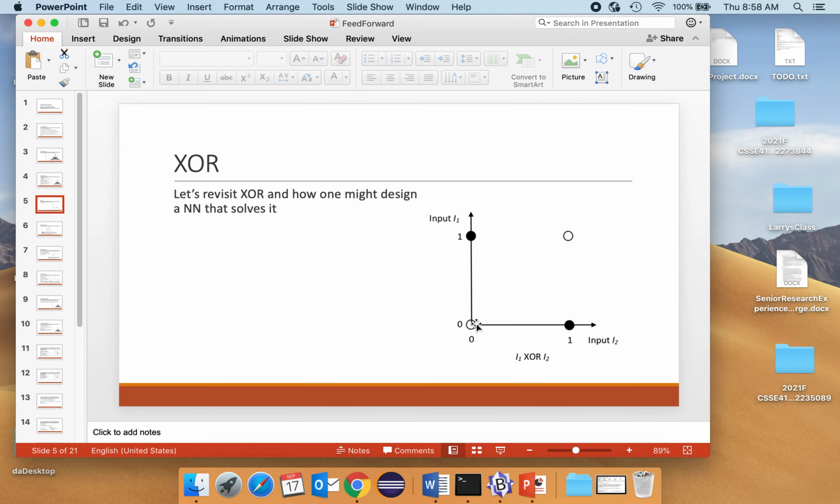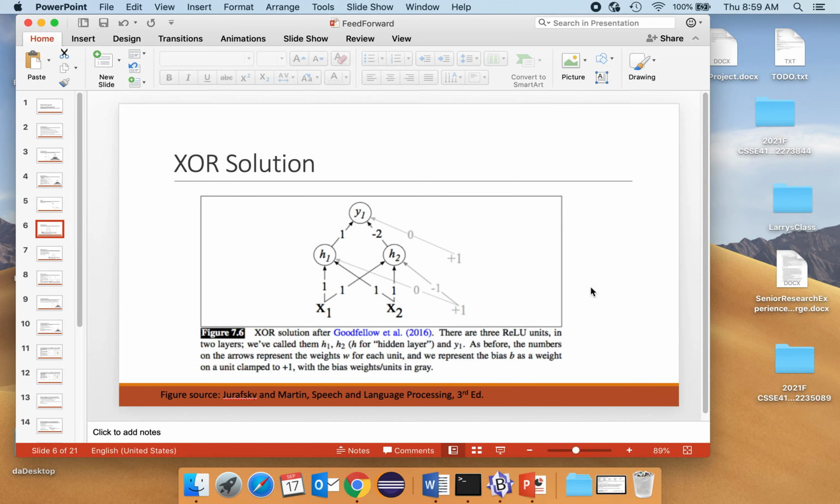We have an output of 0 over here, an output of 0 over here, and then 1 and 1 over here. So how do we do this with a hidden layer? Here is a network that was engineered by Goodfellow and others. The image actually comes from a very popular book on speech and language processing by Jurafsky and Martin.